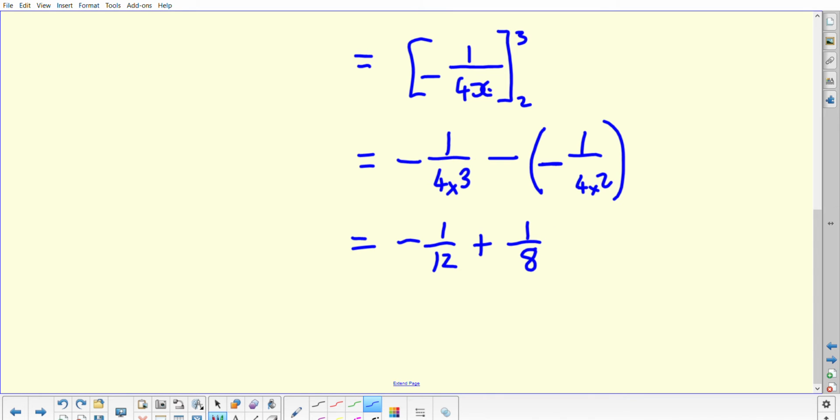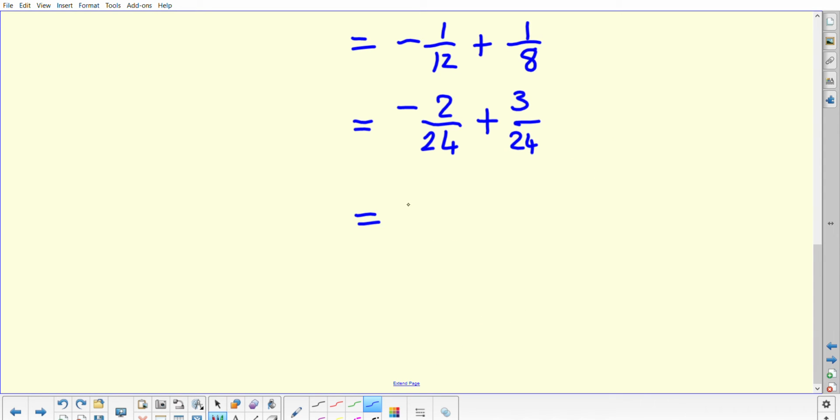So in order to add those two fractions together, they need to be changed into the lowest common multiple. Lowest common multiple of 12 and 8 is 24. So in the first instance, that is minus 2 over 24, and this one is plus 3 over 24, and adding those two things together, you end up with 1 over 24.